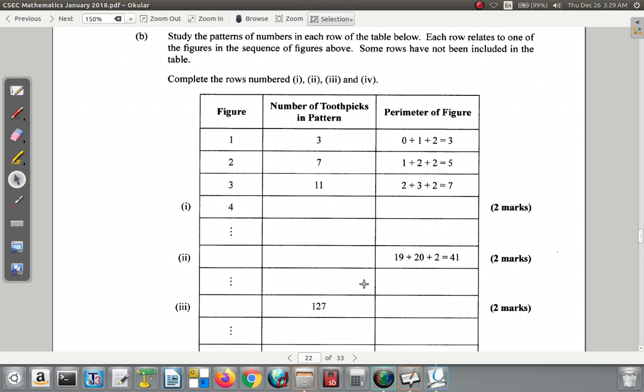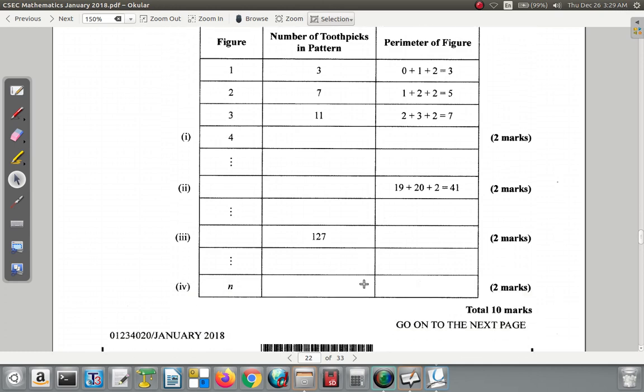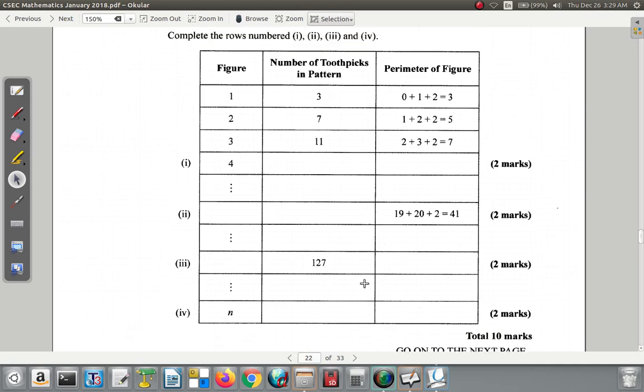Some rows have not been included in the table. Complete the rows numbers 1, 2, 3, and 4. Figure 1, 2, 3, 4.